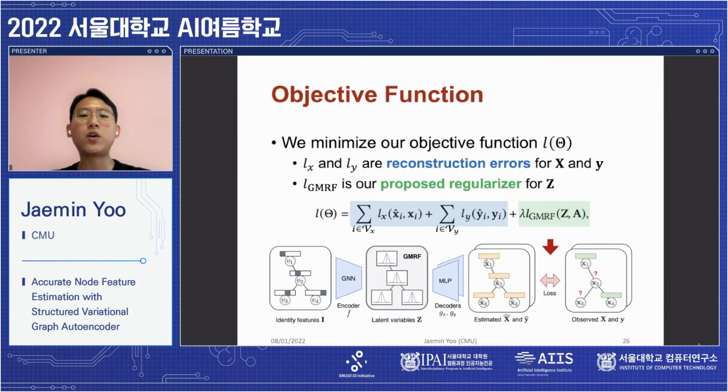Then we minimize our objective function L, which consists of two reconstruction errors for the features and labels respectively, and our proposed regularizer on the distribution of Z. The training is done in an end-to-end way by updating the parameters of the GNN encoder and MLP decoders at the same time.